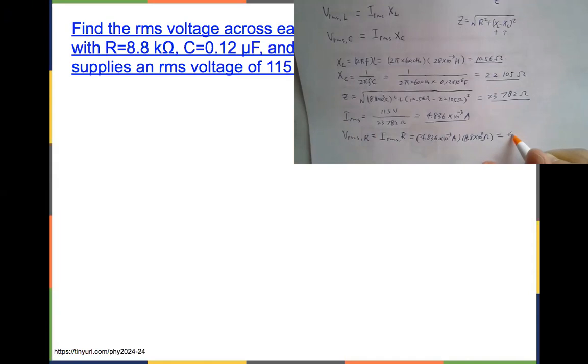That's going to be 42.6 volts. V_RMS on L is going to be equal to I_RMS, 4.836 times 10 to the minus 3, times 10.56 ohms. This will give you 0.0511 volts, a very small number on the inductor.